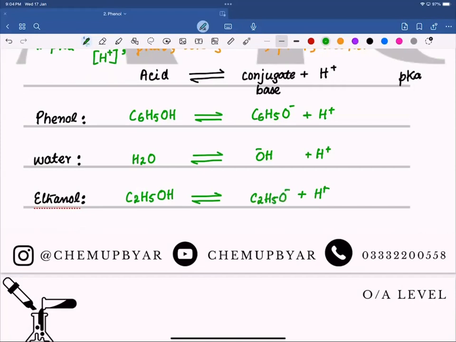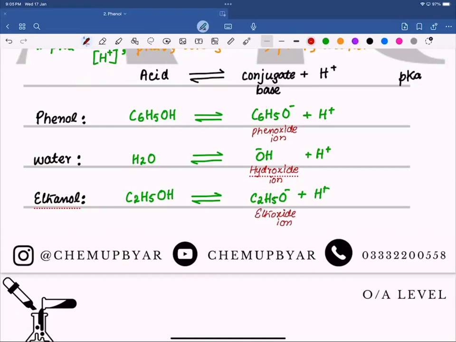which is its conjugate base. So the conjugate base of phenol is the phenoxide ion. Here it is the hydroxide ion, and here it is the ethoxide ion.